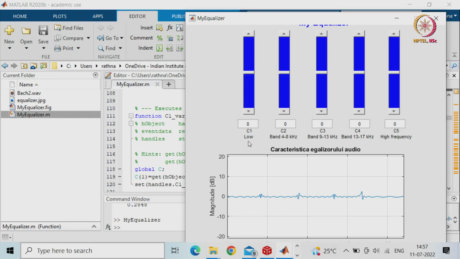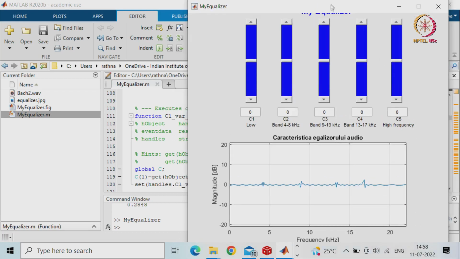This is a low frequency, then this is band 4 to 8 kilohertz, this is 9 to 13 kilohertz, this is 13 to 17 kilohertz, and this is the high frequency. As you can see, the frequency goes up to 44.1 kilohertz, which has been chosen for the audio, and there are 5 bands. We have placed all the knobs in the center, and this is the response it is showing.